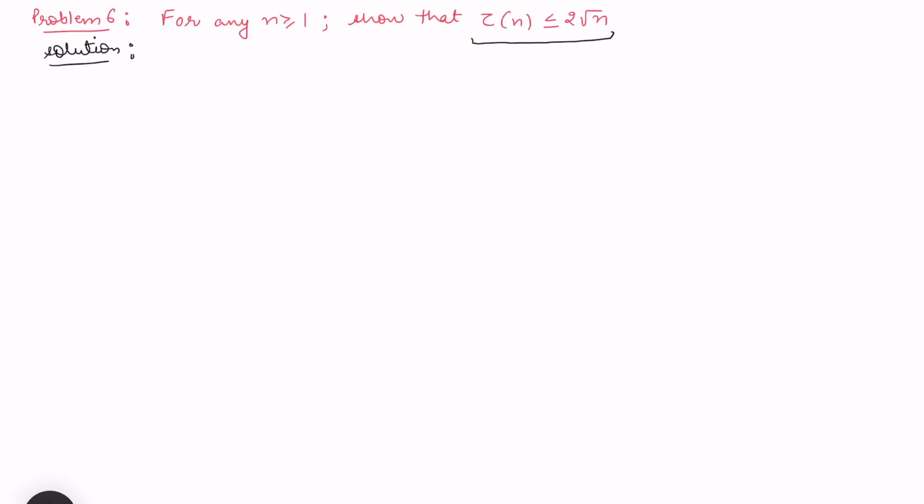And here we want to use the divisor function. So let's take that. If d divides n, then either d is less than or equal to root n or n by d is less than or equal to root n.